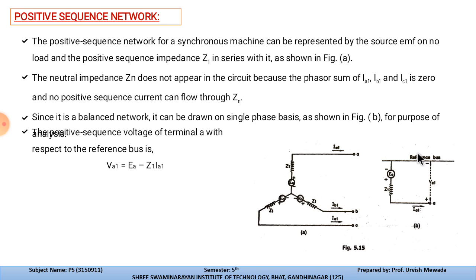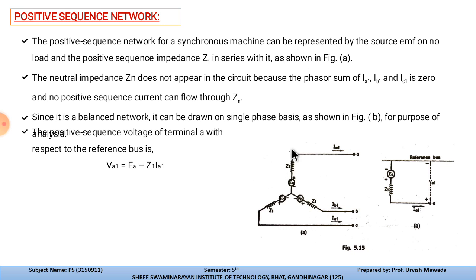The positive sequence network for the synchronous machine can be represented by the source EMF on no load, which is not connected with the load, and the positive sequence impedance Z1 in series with it.